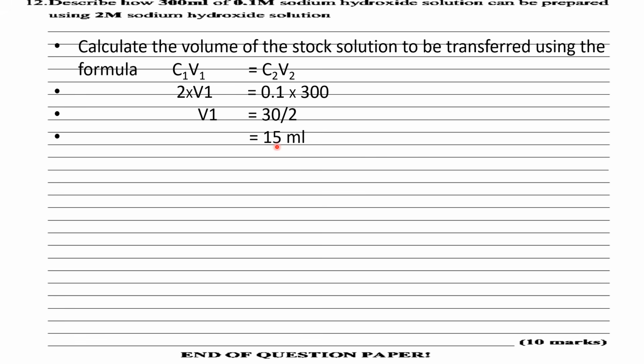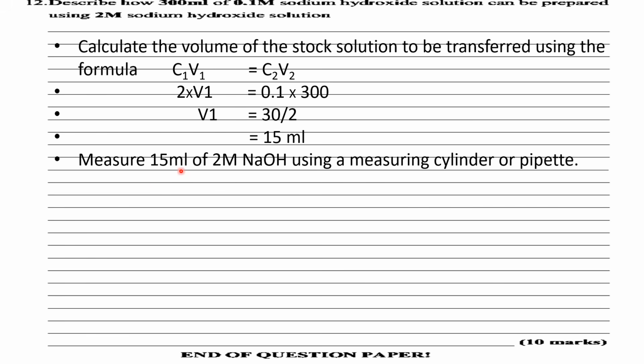We need to measure this carefully using a measuring cylinder, or we can use a pipette if there's one, an accurate instrument for measuring this, but there's no harm in using a good measuring cylinder. You can also use a pipette. So this is the volume of the stock solution that we must get from the 2 molar sodium hydroxide solution.